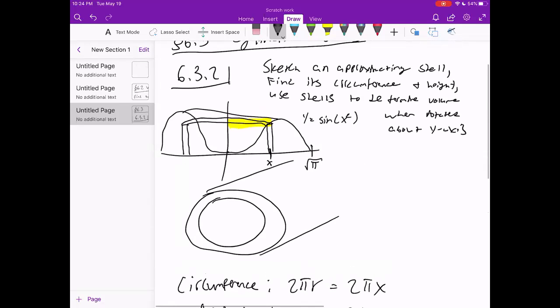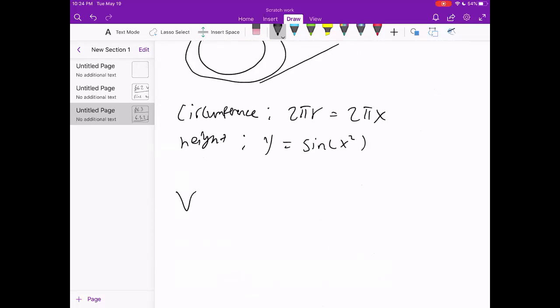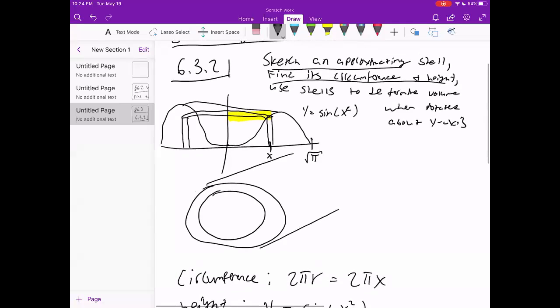So I've sketched an approximating shell and found its circumference and its height. Now I'm going to use shells to determine the volume. The volume is the integral over my region, a to b, of circumference times height. Let's figure out if it's dx or dy. You ask yourself which direction the thickness of the shells is going.